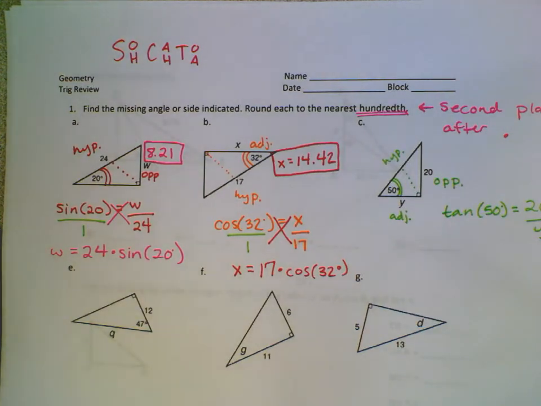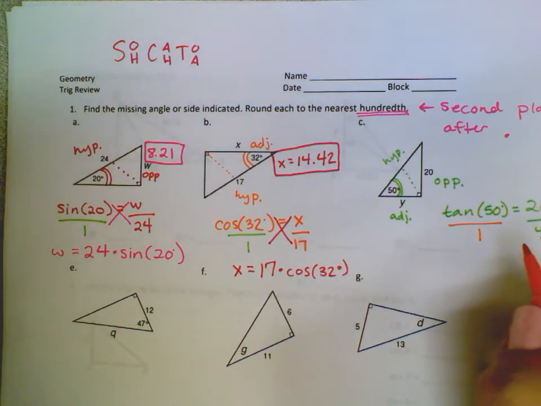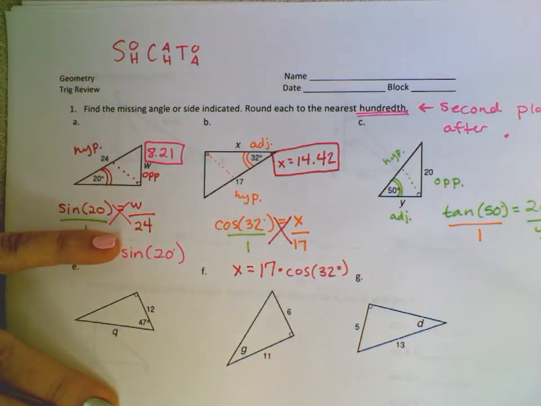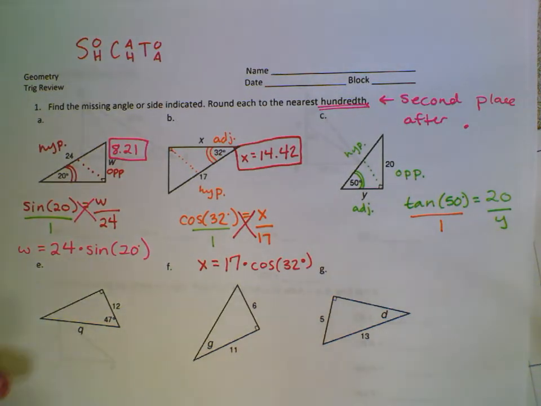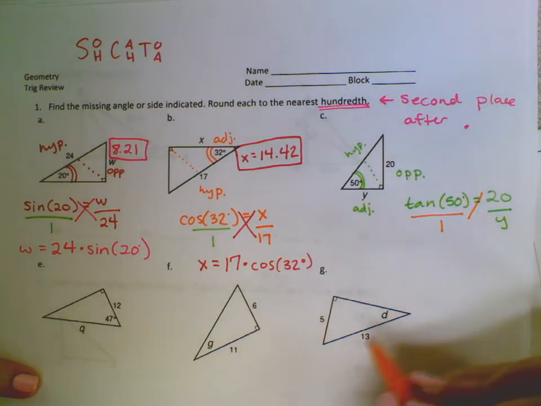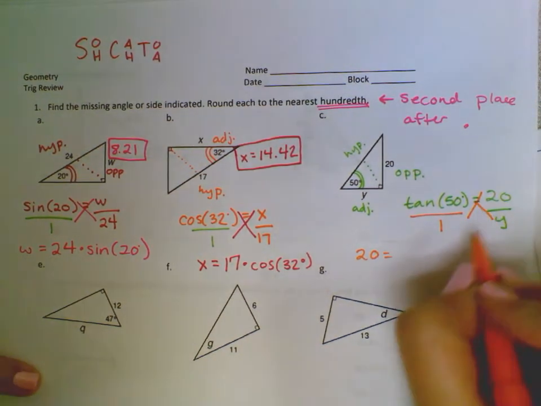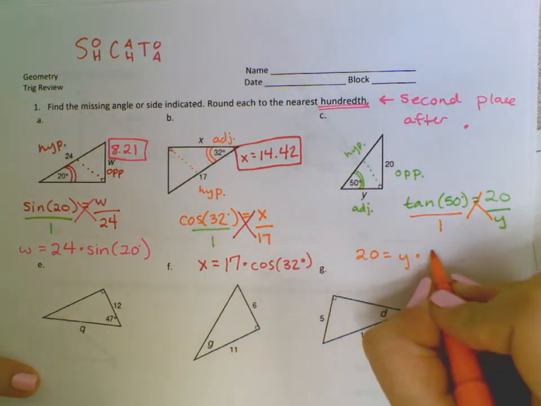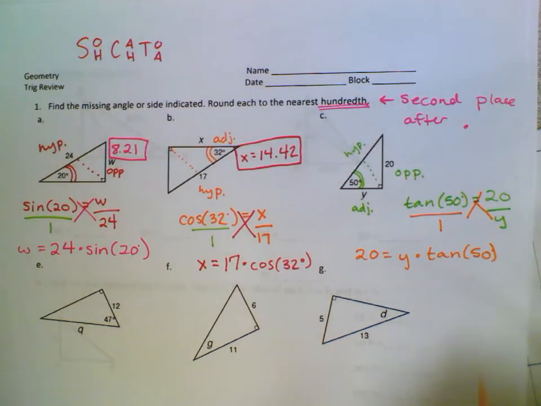We're going to need to cross multiply again, so we'll put tangent of 50 over 1. A little bit different than before. When we cross multiply, 20 times 1 is 20, so 20 equals y times tangent of 50 degrees.